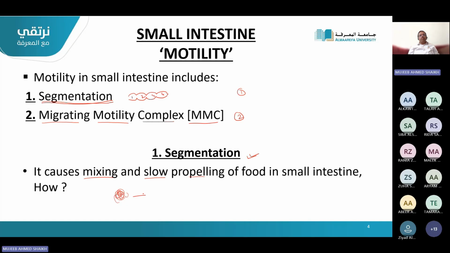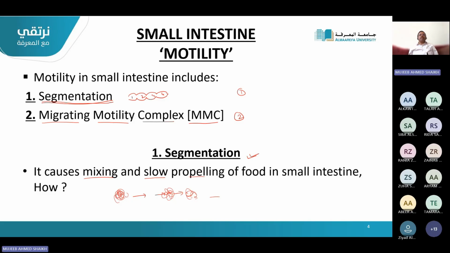Also, it will propel or push the food forward. So when the food enters the duodenum, it will be partially digested, then it will move to the jejunum, then to the ileum because of this segmentation contraction.